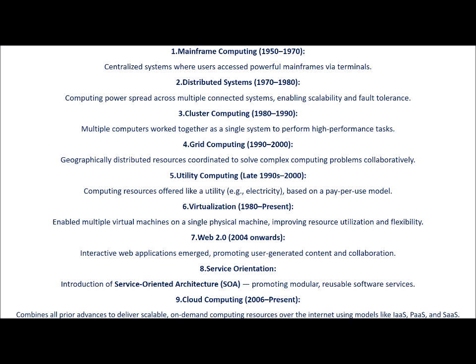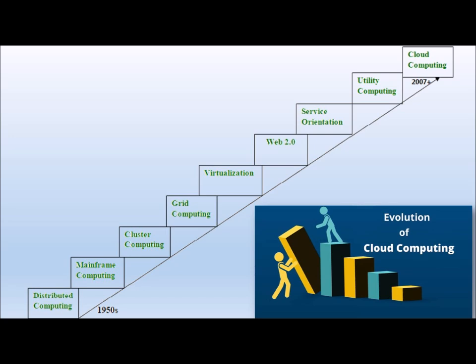And so the next one is cloud computing, which combines all prior advances to deliver scalable on-demand computing resources over the internet using models like IaaS, PaaS, and SaaS. Cloud computing means it provides cloud computing services like IaaS, PaaS, and SaaS. So this is the diagrammatic representation of evolution of cloud computing.